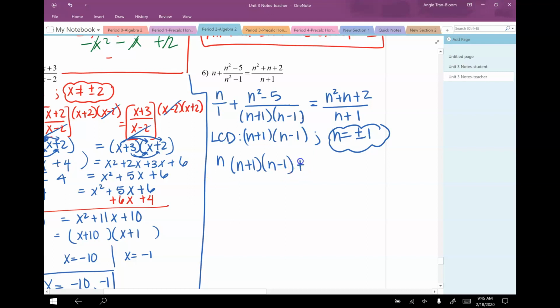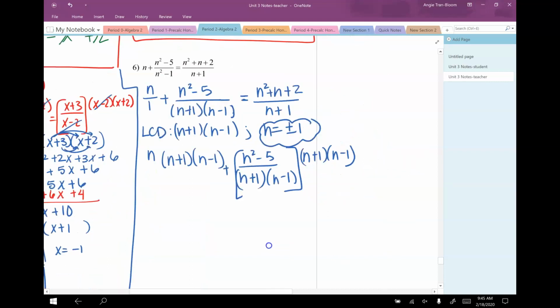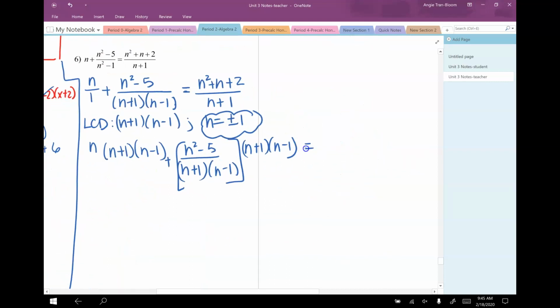Then over here, we have n squared minus 5 over n plus 1 times n minus 1 times my big LCD of n plus 1 times n minus 1 equals to n squared plus n plus 2 over n plus 1 times LCD.